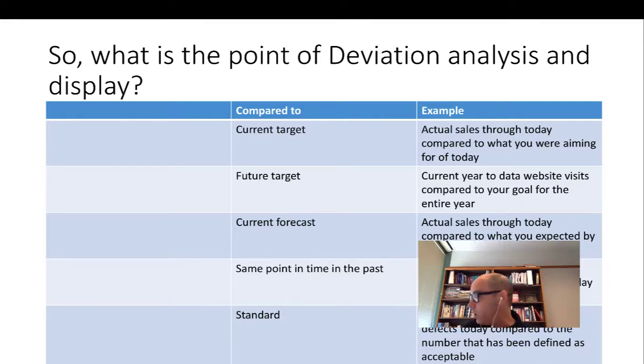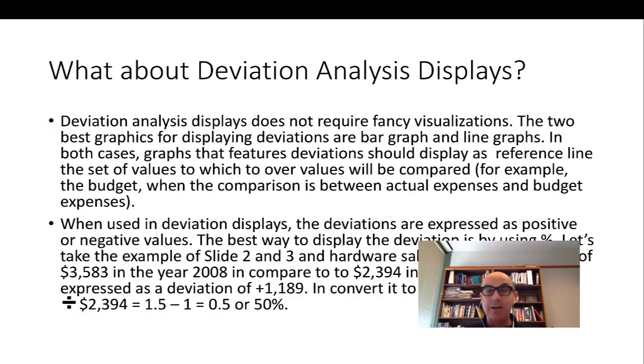This is his outline, according to him, in order for us to apply deviation analysis in a sense that will make more sense, using the current target, future target, or current forecast, or same point in time in the past, and a standard.